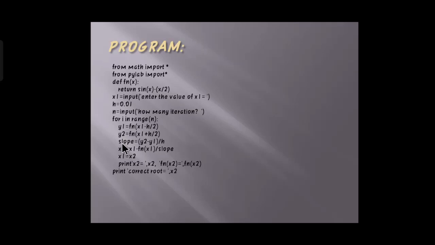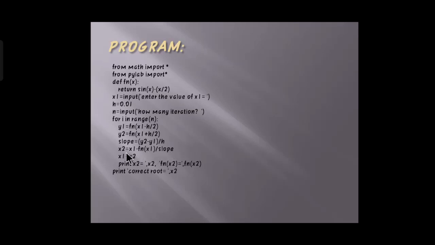Now we have to find the slope. Slope is nothing but the derivative of the function, which is (y2 minus y1) divided by h, and it is stored in the variable slope. Now we have the variable x2 = x1 minus f(x1) divided by slope. This is nothing but the Newton-Raphson formula.